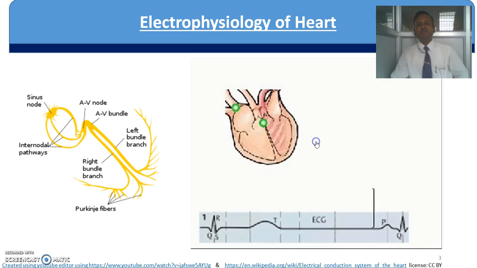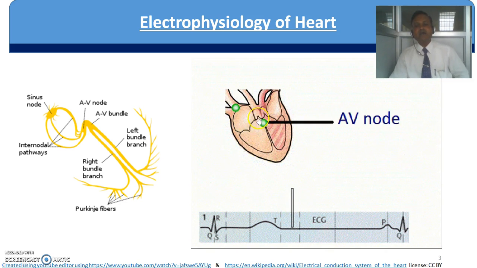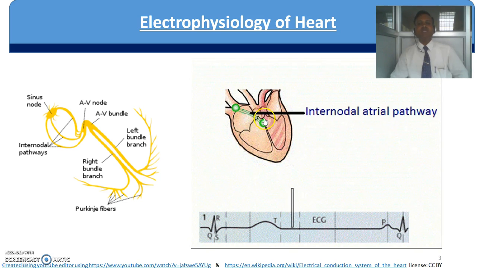Now this process has been nicely explained in this video. This is the sinoauricular node which is present in the right atrium of the heart, and a similar tissue is present between the atrium and ventricle in the atrioventricular septum, which is called the AV node.